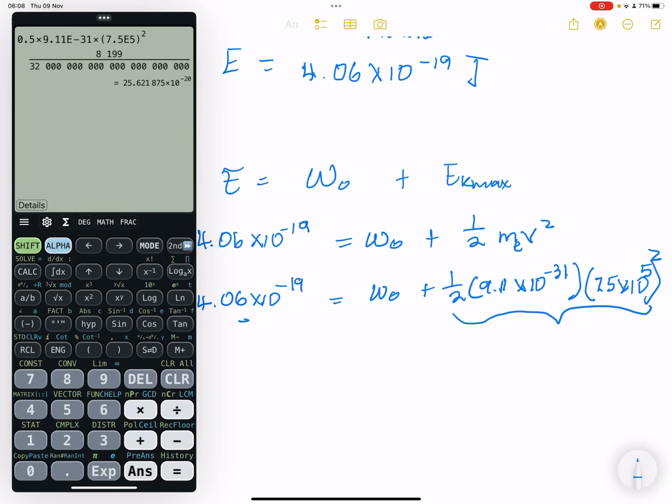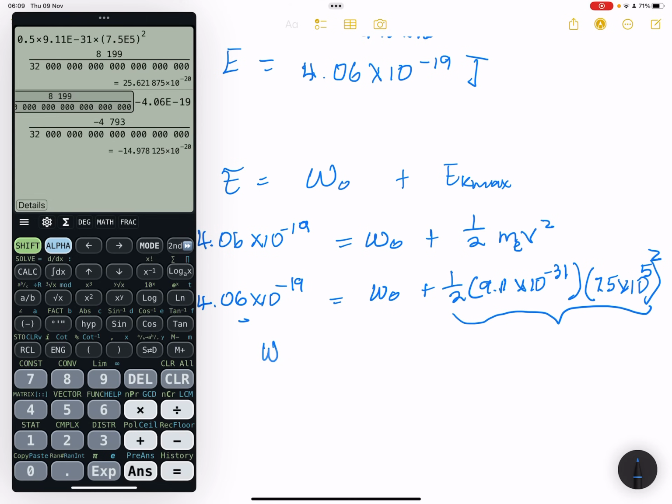Then I'm going to subtract. I'll just have to change the sign, 4.06 exponent minus 19. And that's our answer there.